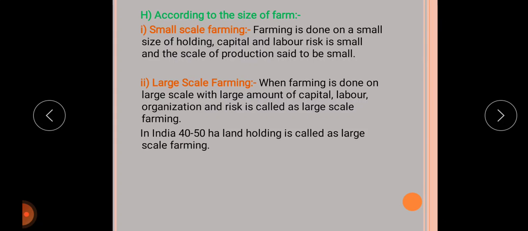Some of the advantages: production is more economical, per unit production cost is less, mechanization of the farm is possible, marketing of agricultural produce is better, and the bargaining power of the farmer increases. These are some of the advantages of the large scale farming system.